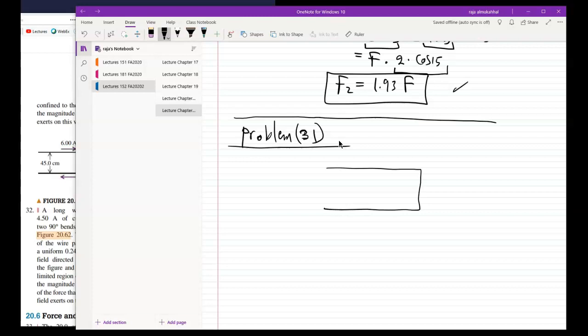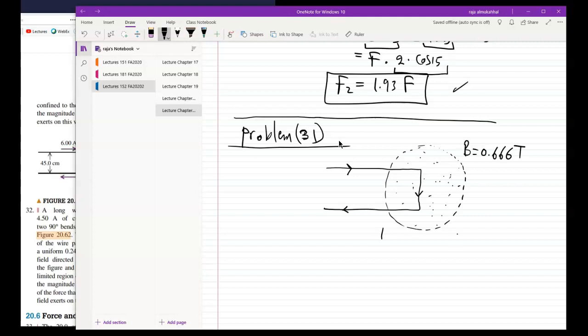Here it is. Here is the current going this way. And there is a region, a circular region like that of the magnetic field. And it is out of the page like that. Okay. And the magnetic field B is 0.666 Tesla.